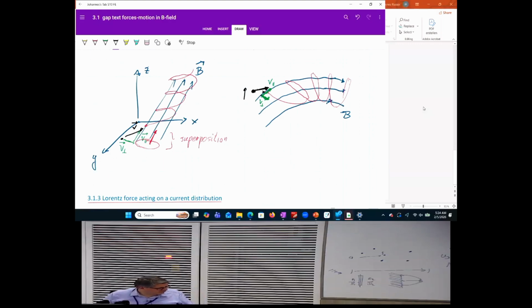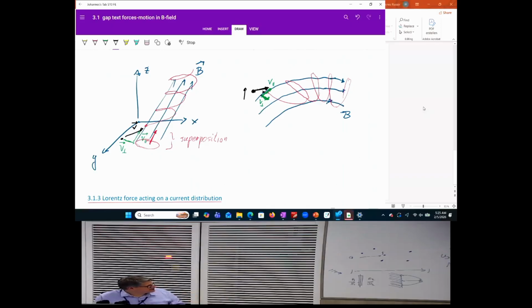But the force depends also on the charge, and it could be that your charge is not so large, so it might make a trajectory which is only slightly bent. And of course, it has to remain in the magnetic field in order to experience this Lorentz force. Otherwise, it might describe a bending and leave the magnetic field without completing a complete gyration.